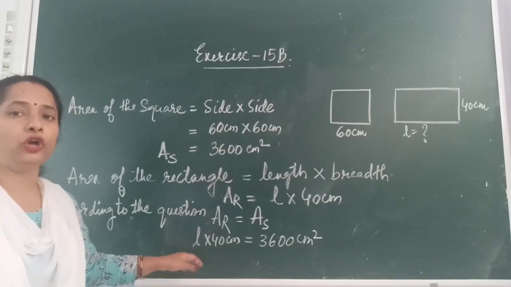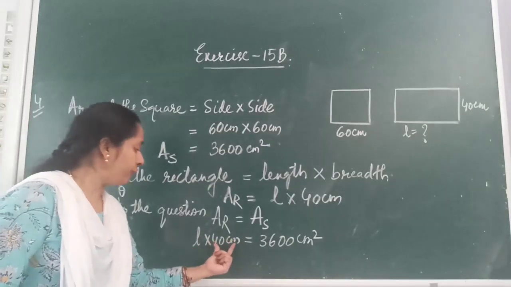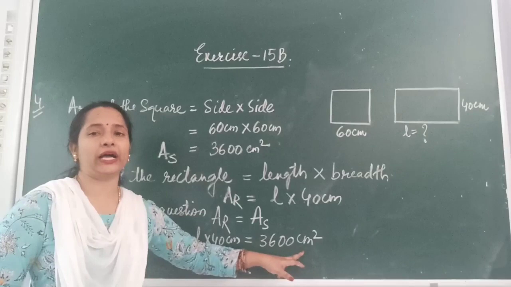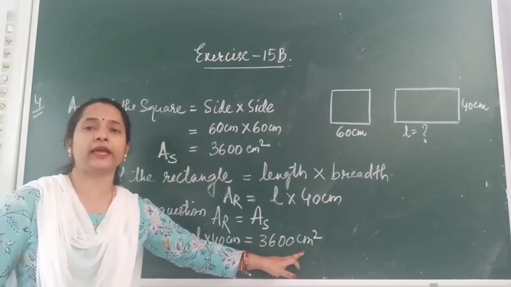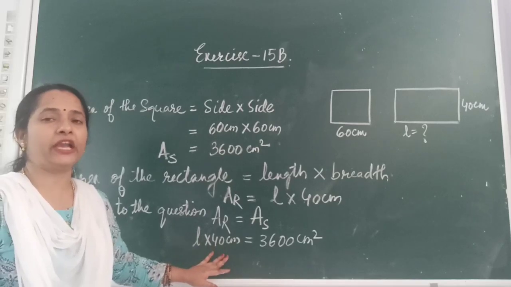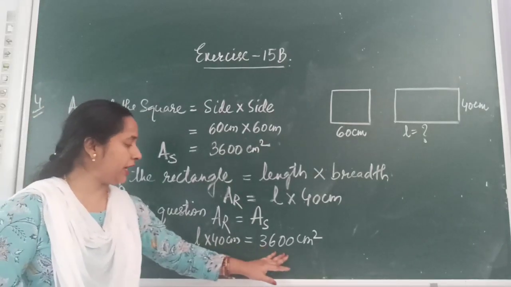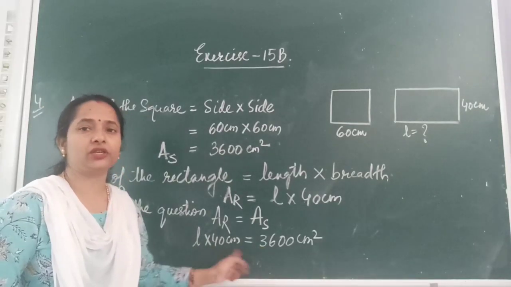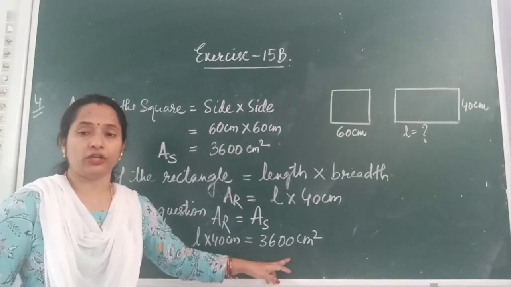Now we need to find the value of L, that is length. So what shall we do? We will transpose 40 centimeter to RHS. Children, I have already explained that if we transpose any value from LHS to RHS which is under multiplication, it will change to division.